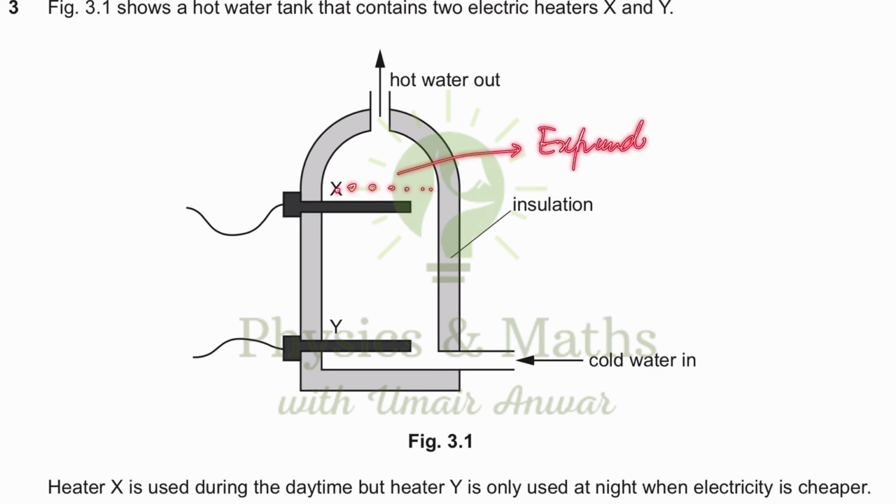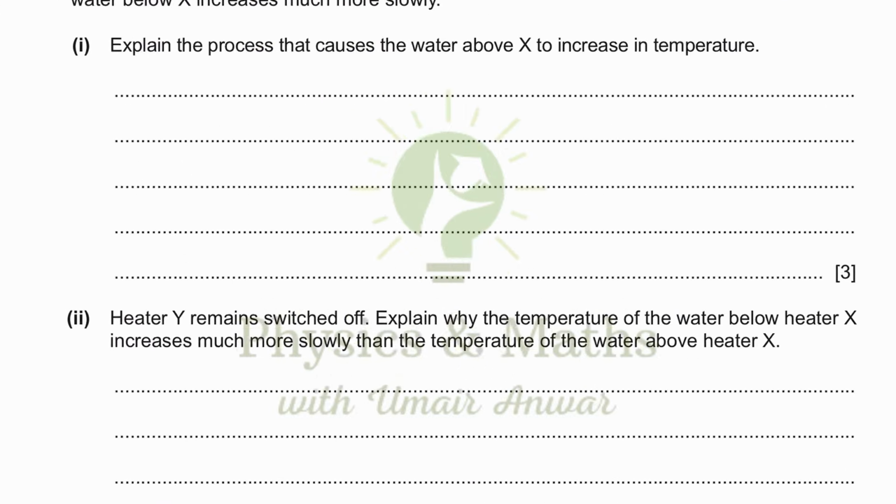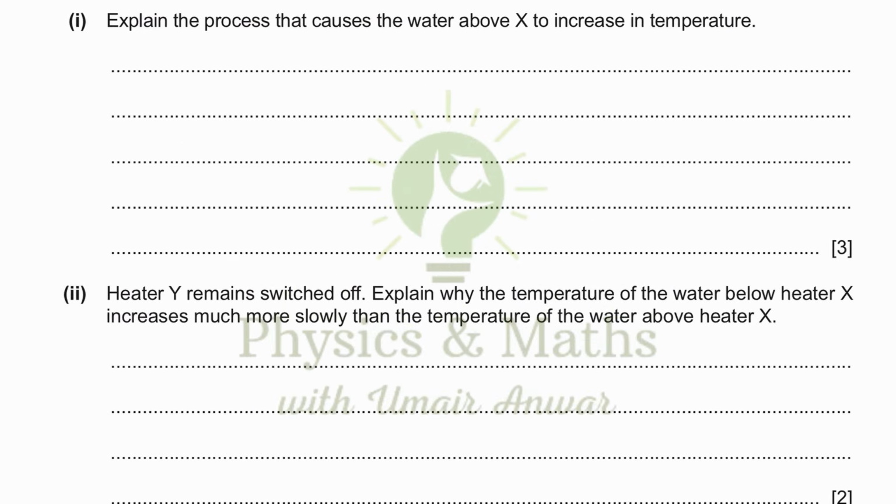And expansion means their volume is increasing, so it means their density decreases. And these low density particles rise to the upper portion of the heater, and the molecules which are not heated, their density is higher, so they move down to replace these particles. This is the phenomenon which happens here, and it is called convection.